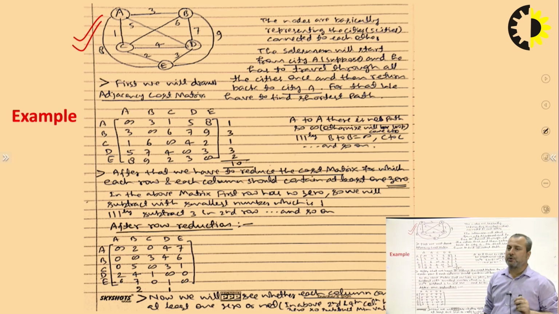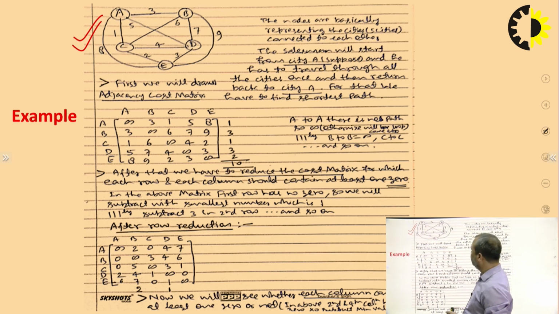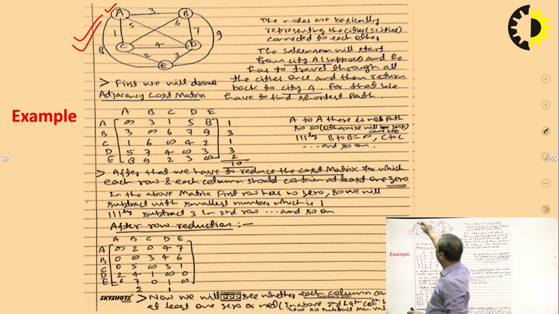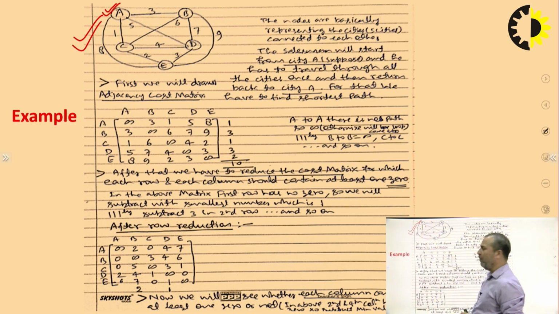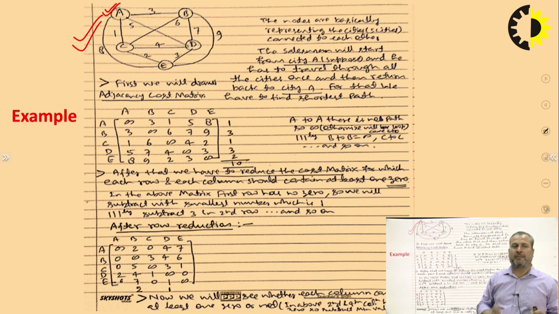So suppose the salesman starts his journey from starting node A. So what is the meaning? The salesman has to visit all the remaining cities, I mean B, C, D, E, just once and has to come back at A. So what will be the minimum cost?